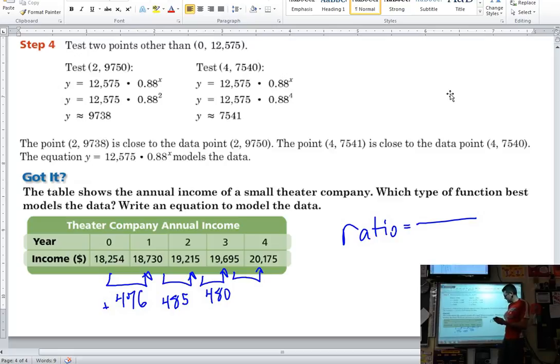It ends in 5. Let's check it. 695, we don't need the thousands, minus 215 is 480. Yep, so these are consistent. So we're around 480, but not quite consistent.